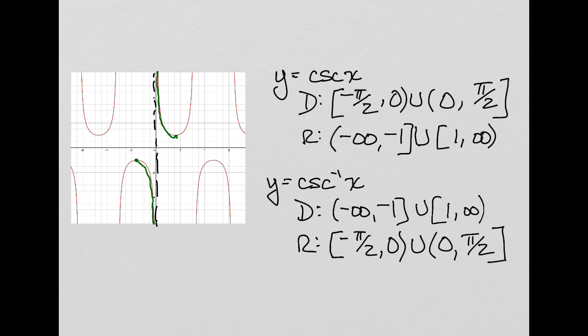And we're looking at, for the inverse cosecant function, quadrants 1 and 4 where it's defined.